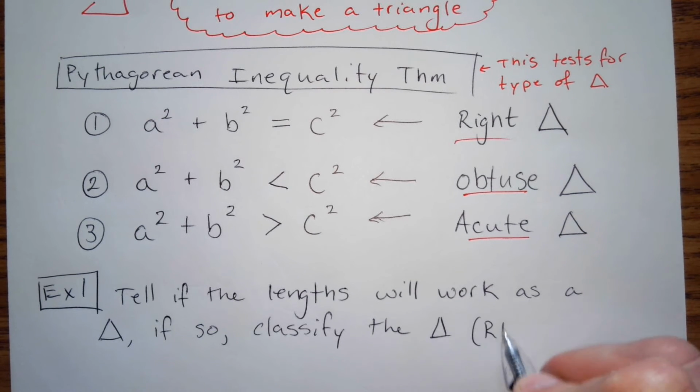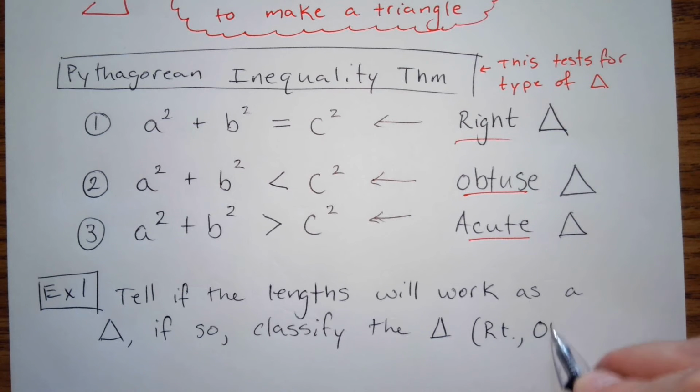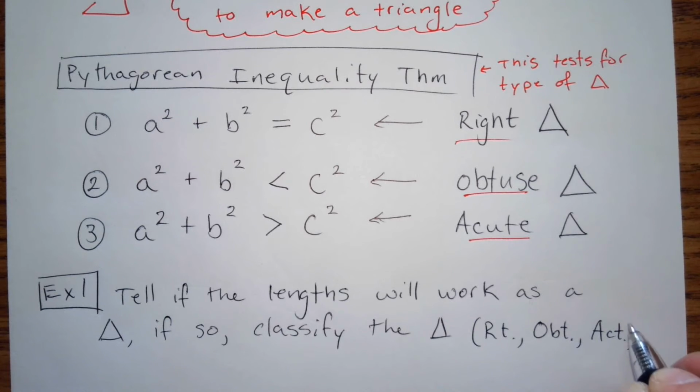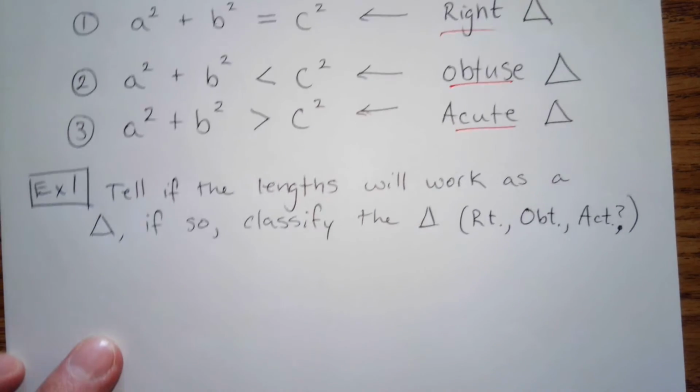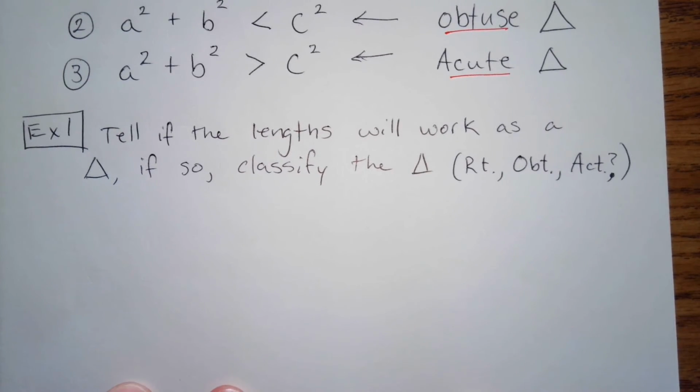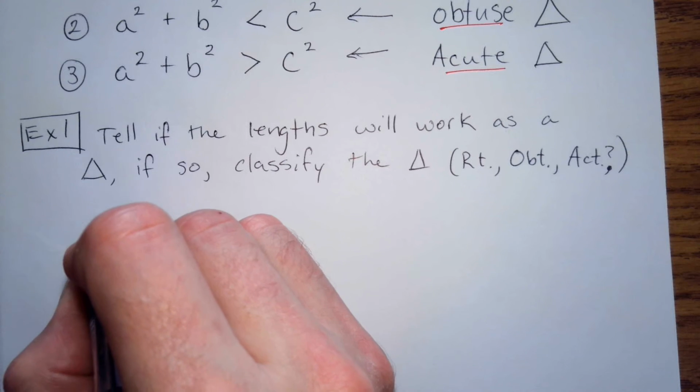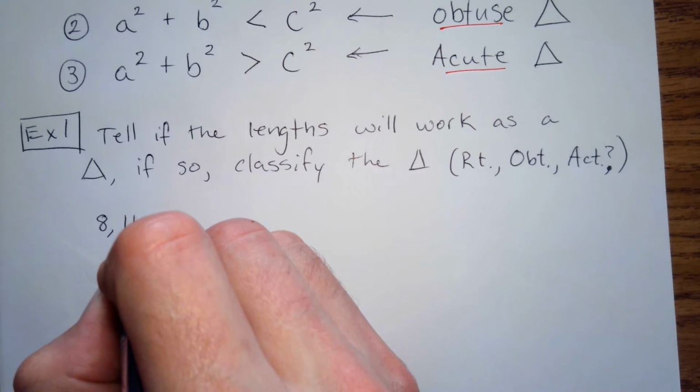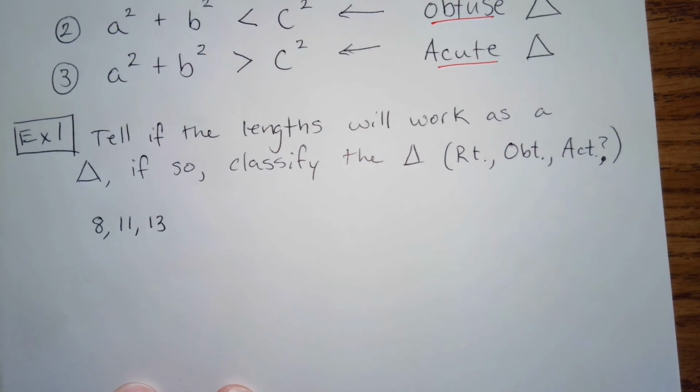And that just means, is it a right triangle, obtuse triangle, or acute triangle? I'm going to have some lengths: 8, 11, and 13. We'll get done with this, and then we'll go to lunch. And then we can work on some problems together.